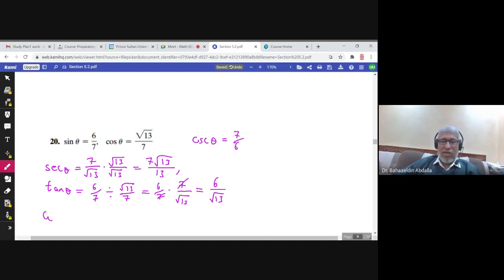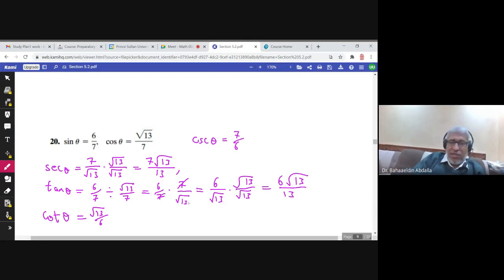So cotan theta would be square root of 13 over 6. But you need to rationalize the denominator for tan theta. So the answer would be 6 times the square root of 13 over 13.